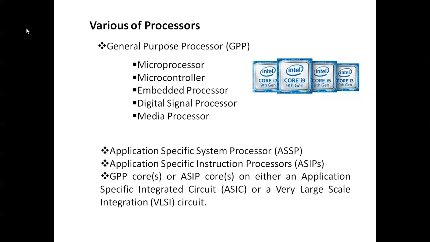Then we also have the application specific instruction processor, GPP core, then ASIC, application specific integrated circuit, and finally very large scale integration, VLSI. These are the processors available.